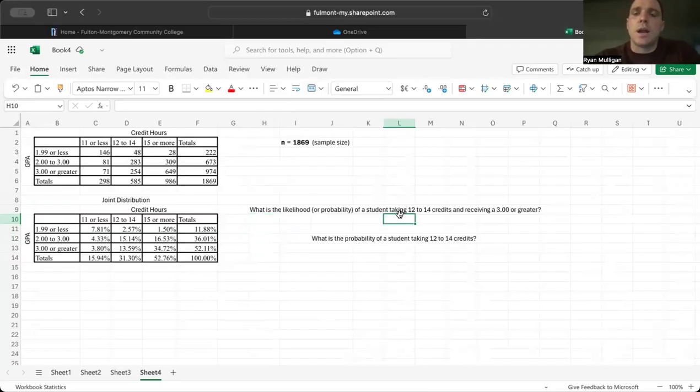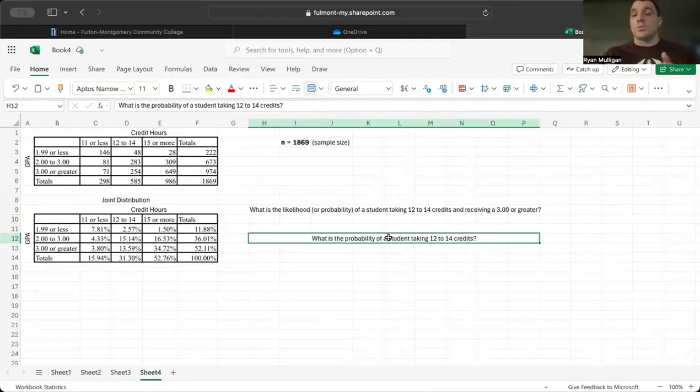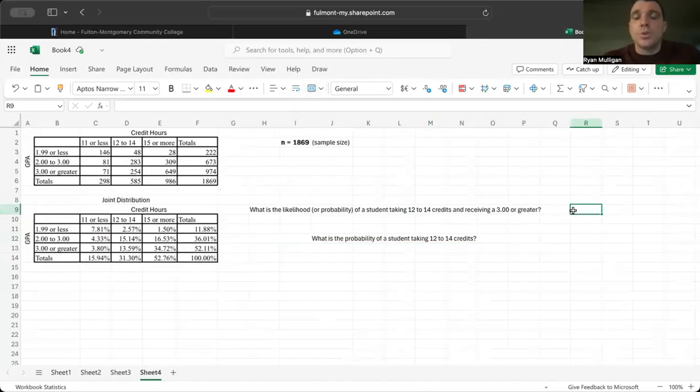In this one right here, I've included and to include two things. In this one, I've just said 12 to 14 credits, which means I'm only going to talk about one thing. So if I include the word and to talk about two things, I need to go to 12 to 14 and then 3.0 or greater. I see that that percentage is 13.59. So that means my percentage is going to be 13.59, and that's the likelihood of that situation occurring.